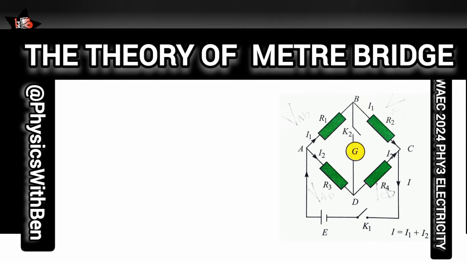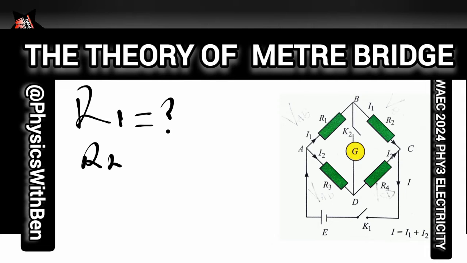The Wheatstone Bridge is used to find the value of an unknown resistance through the balancing of the galvanometer. Now, what do we mean by the balancing of the galvanometer? This is what happens. Let's say that resistor R1 is unknown, and resistor R2 is known, resistor R3 is also known, and then resistor R4.